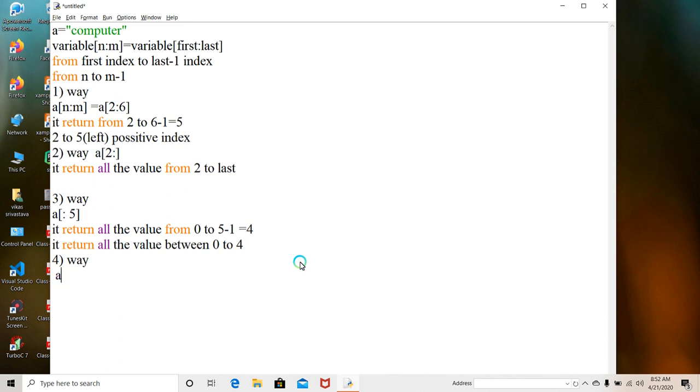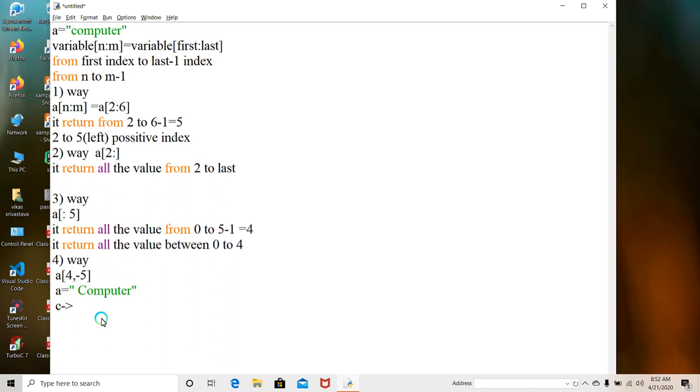Now the fourth way is that I may use a from n colon, from fourth to minus 5. Now here, what is minus 5? I told you, suppose we have a string like that, C O M P U T E R, computer. How is it defined?